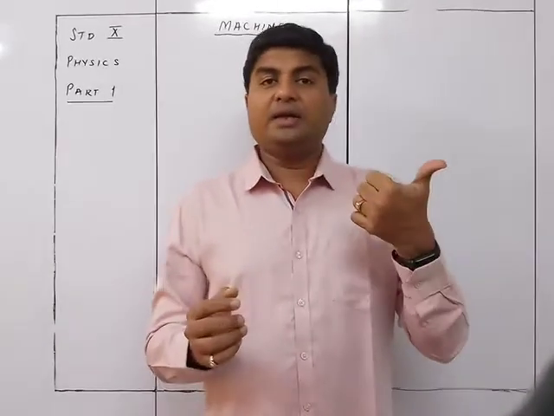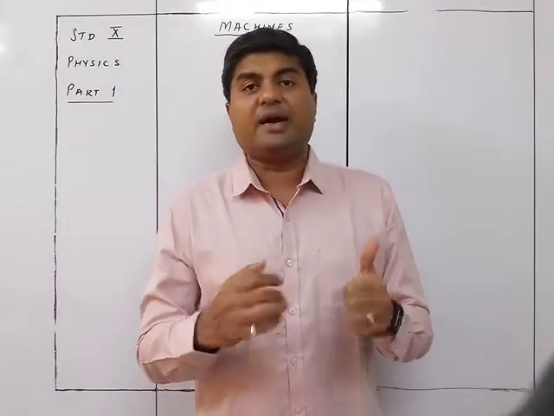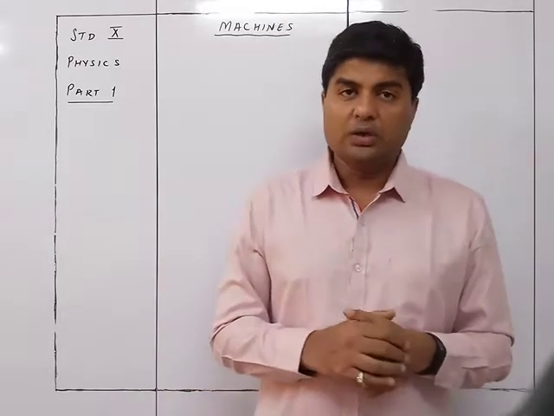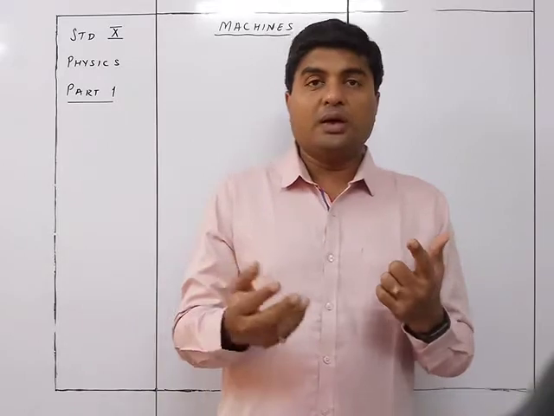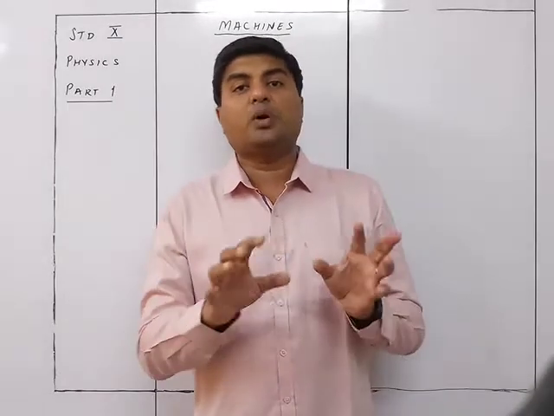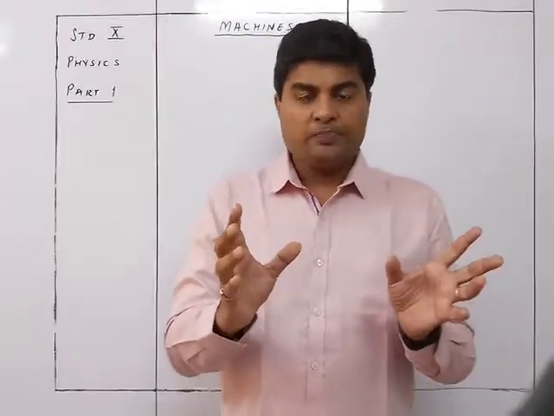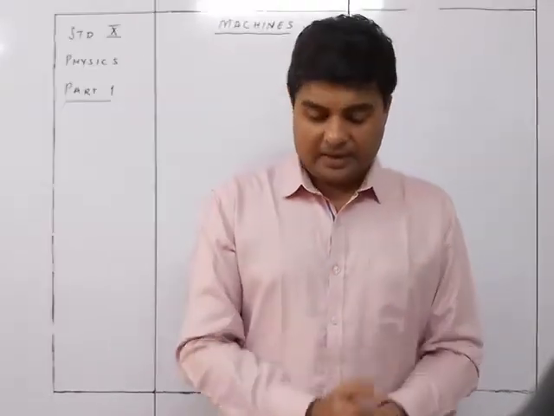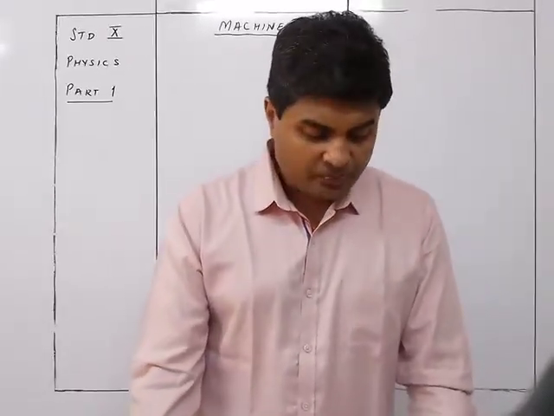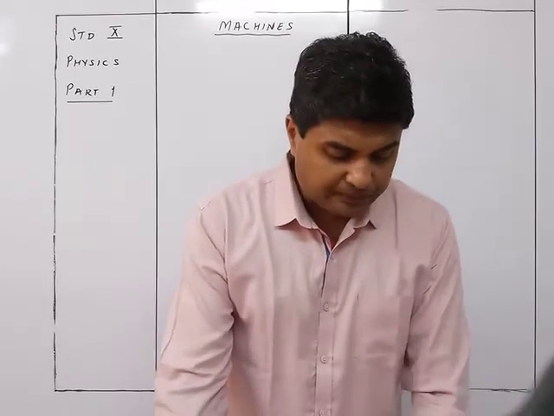One, it will decrease the effort required to do the work. Secondly, it could increase the speed with which you can do the work. Or thirdly, it can just make doing the work convenient. These three things are what you will see in a typical machine. So let's see the chapter now.